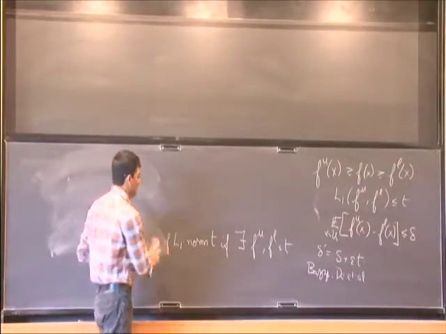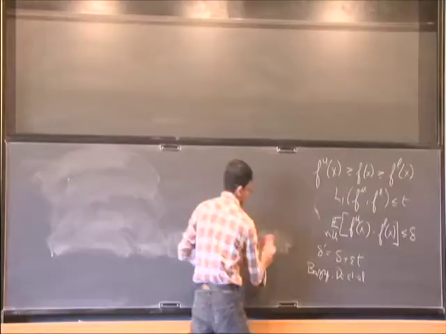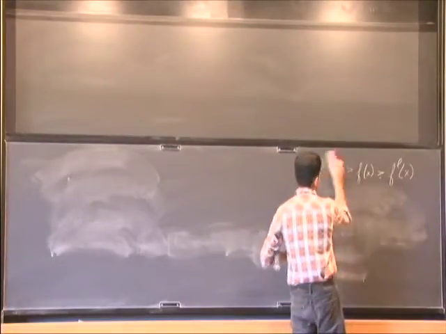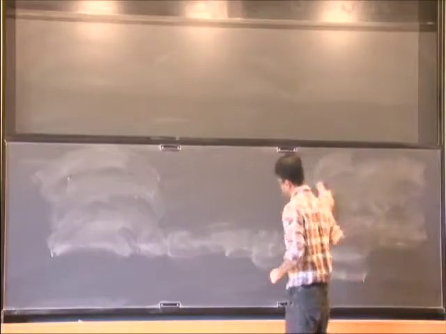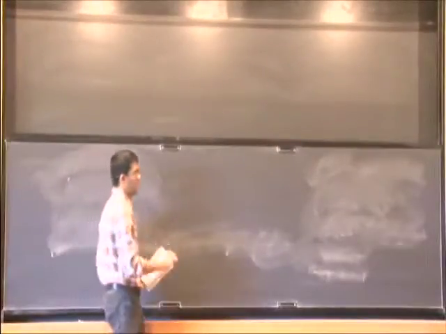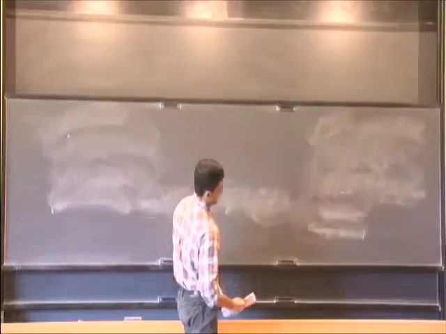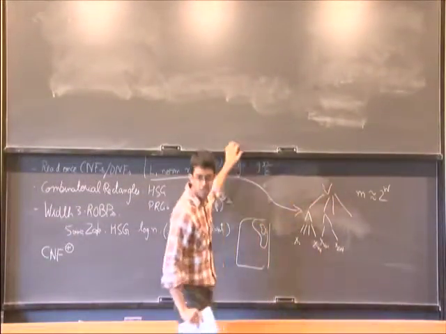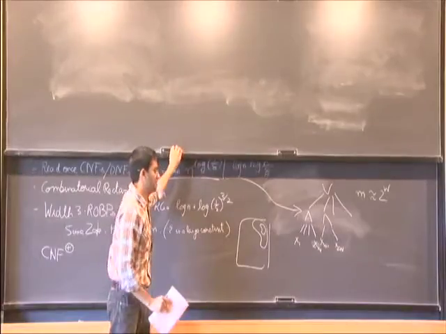If you understand what works in the case of tribes, it's not easy to do everything beyond that, but it can be done. All right. So let's think about the tribes function now as I defined it before. You have these m clauses, each of which has 2 raised to w.